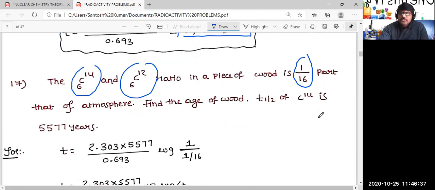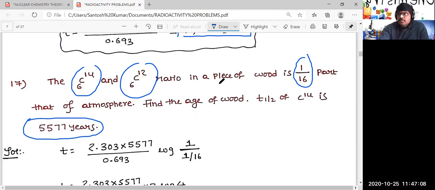Again, the same logic. This is carbon C14 in a live plant, and this is C14 in a wooden article. The same simplification: instead of giving a decay constant, he has provided T half, and T is equal to 2.303 by lambda log C14 of live plant by C14 of the dead plant.